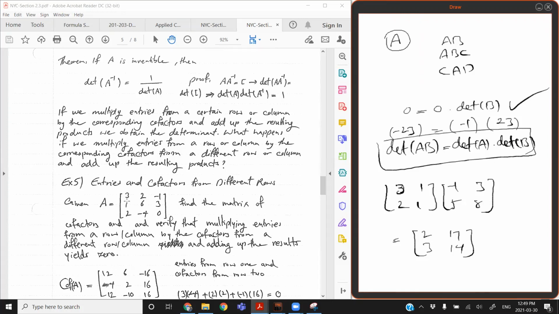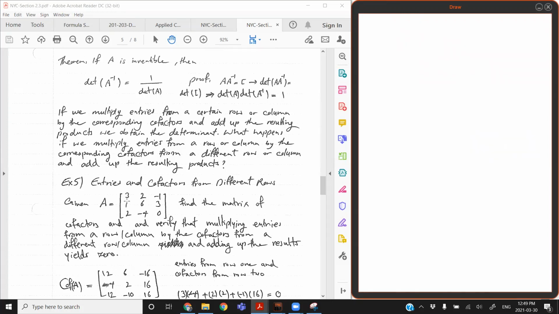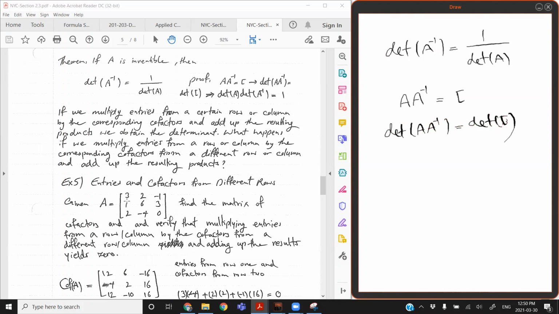Okay, so next we have an interesting theorem which tells us the determinant of A inverse and how it is related to the determinant of A. It's simply going to be 1 over the determinant of A. And the proof is very simple. We know that A times A inverse is I. So the determinant of A times A inverse would be the determinant of I. On the right, we have 1.